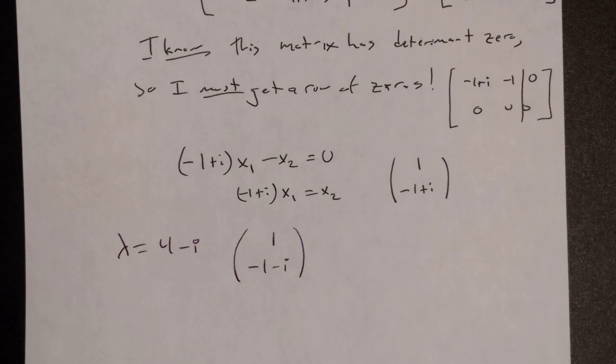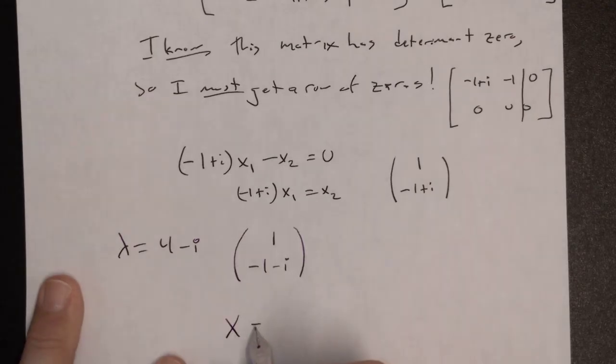Because the problem is that now the right thing for me to use is vector e to the eigenvalue. So really, the correct solution looks like this.